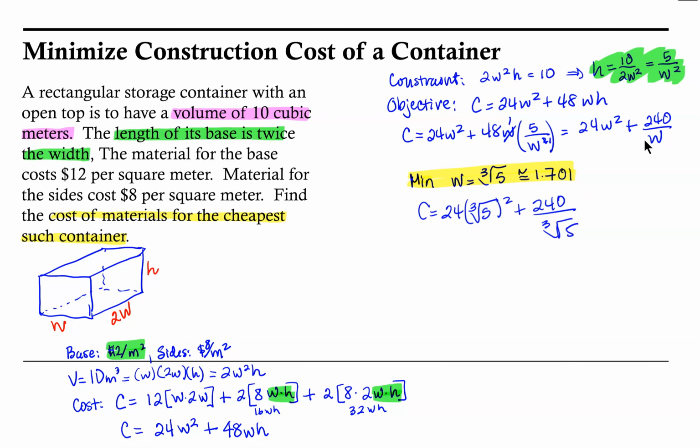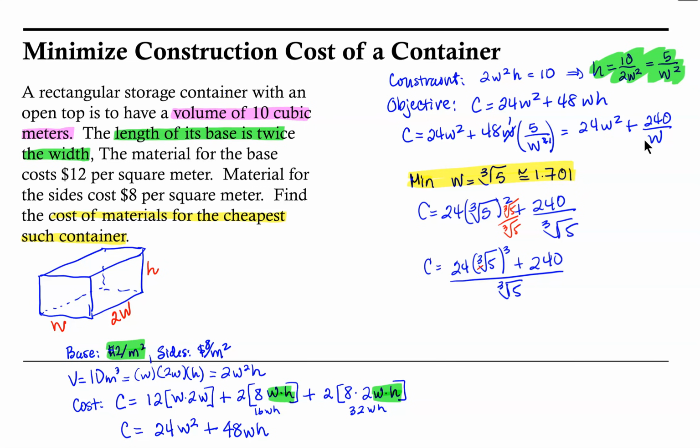Now, at this point, we could rationalize or combine and get a common denominator. So we could multiply the first term by the cube root of 5 over the cube root of 5, which would then give us our cost being 24 times the cube root of 5 cubed plus 240, all divided by the cube root of 5.